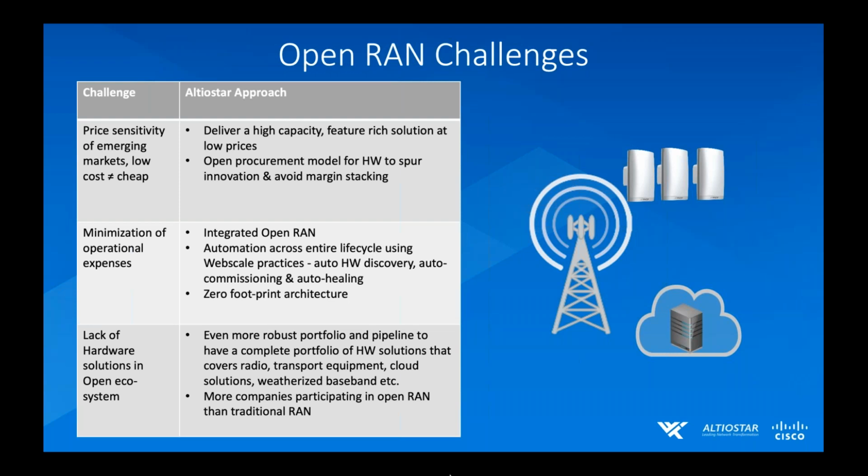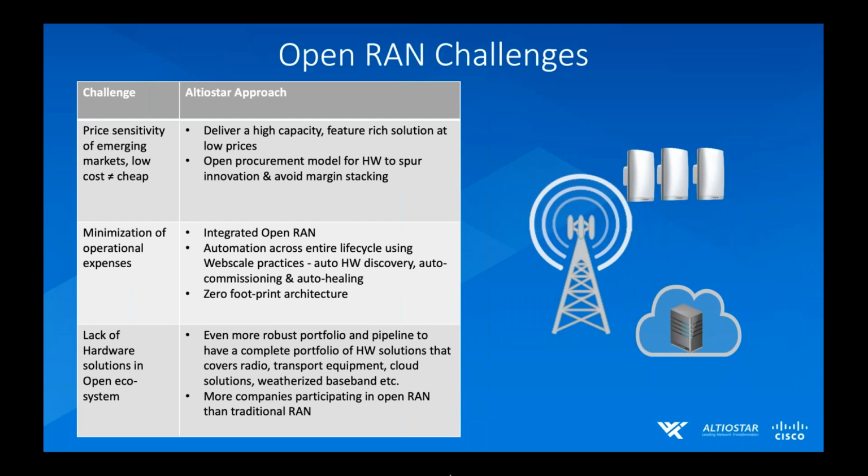The other question that we get from a lot of operators is, okay, so I have to take all these different vendors and I have to kludge them together. I have to put it all together myself. And the answer is no, right? The worry that a lot of operators have is that, okay, I have to operate the network and I can't spend all this time and effort to put all these different vendors together.